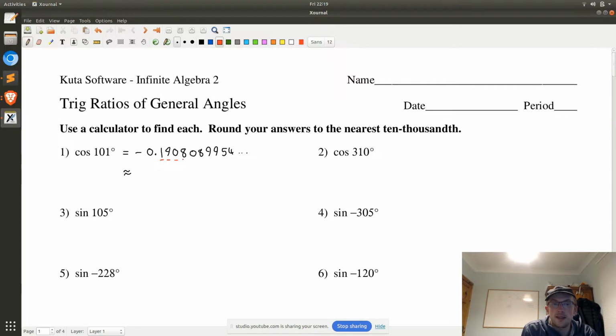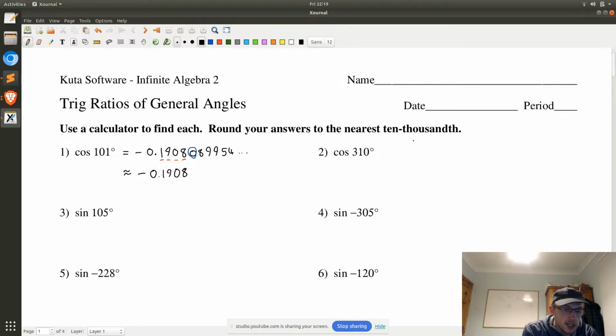And negative 0.1908, that's to the nearest 10,000th. My decider digit is the 5th digit. And because this is a 0, I don't change this 8 right here. Okay, so I just simply write this.